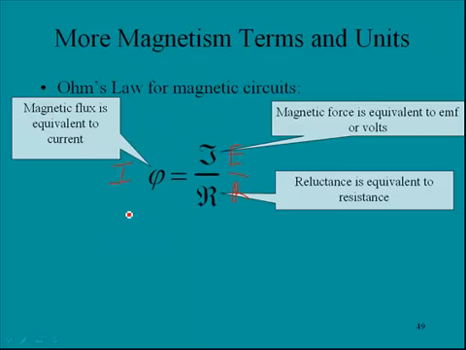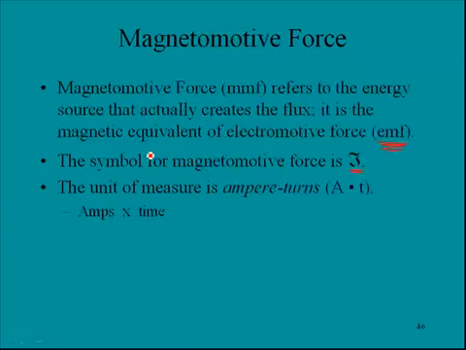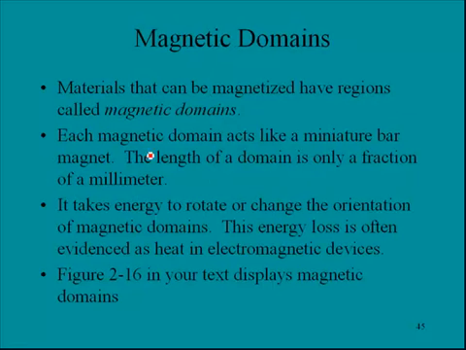Okay, we looked at magnetizing force, which is the symbol H, and the important thing about magnetizing force is it brought in the factor of area, in this case meters, and so the smaller the area of the magnetizing force, the greater that force. Then we looked at magnetomotive force, and this was just amps times turns, and it was roughly equivalent to EMF.